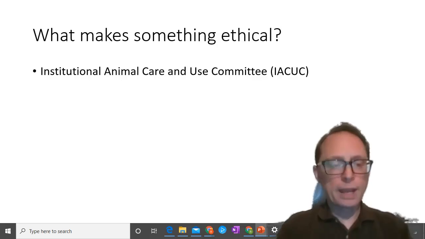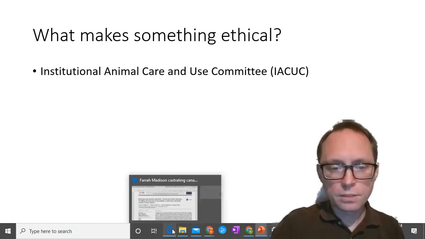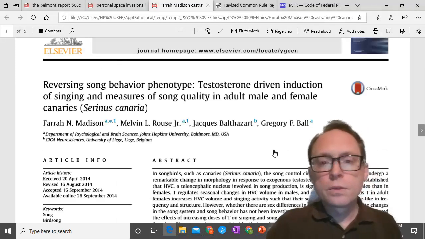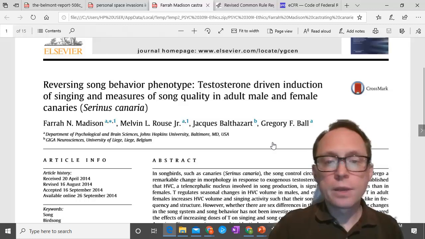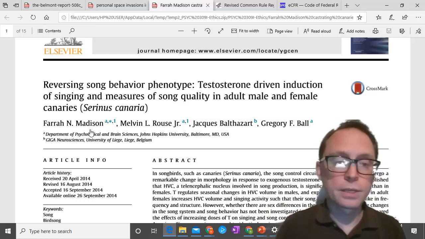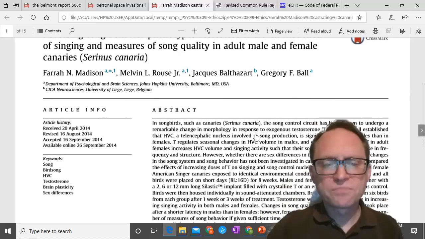So let's take a look now at a study, one that we mentioned in a previous time. This was actually done by some colleagues of mine who ended up at the University of Maryland in College Park. Farron Madison came and spoke with a class that I taught on ethics. Gregory Ball was the dean of our college later on.